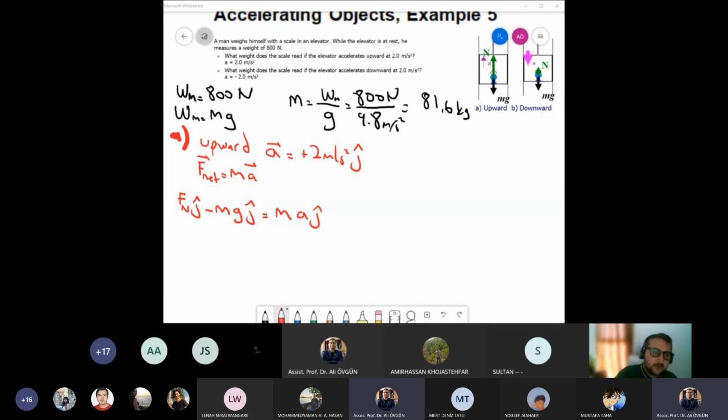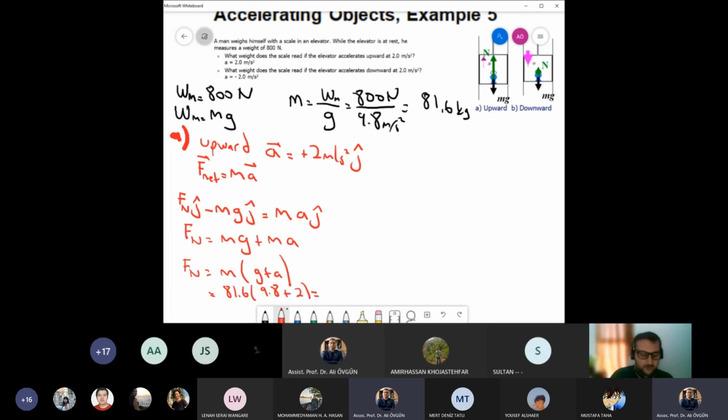After that, your aim is to calculate the weight. So for the elevator, to find the weight, you must know the normal force. So it is related with the normal force. F normal is equal to mg plus ma. So F normal is equal to m times g plus a. When you put the values inside, m is 81.6, g is 9.8 and a is 2.